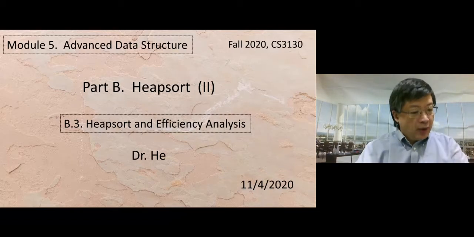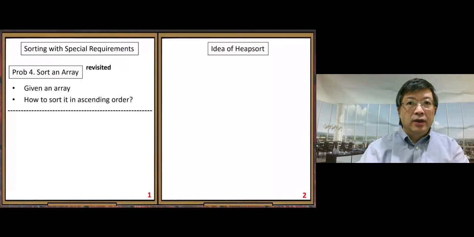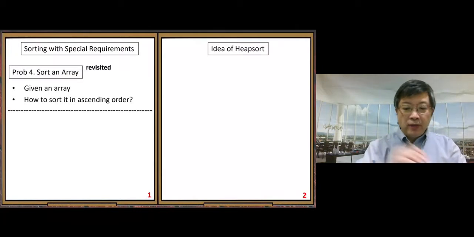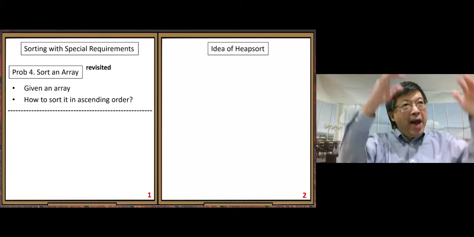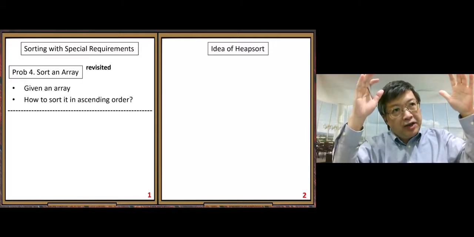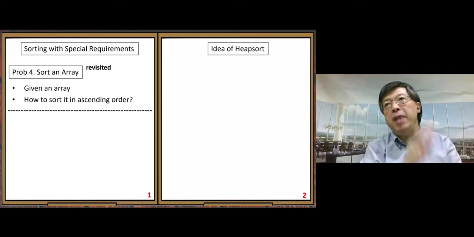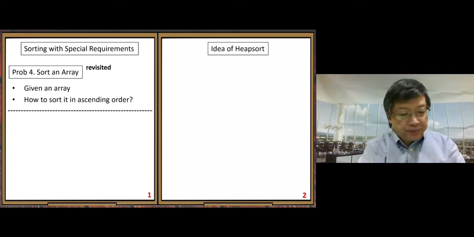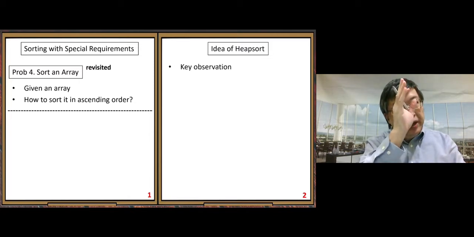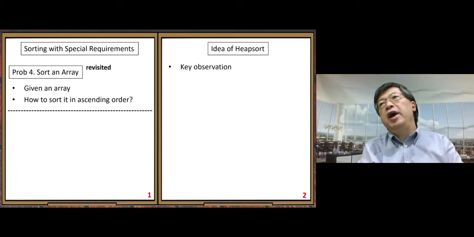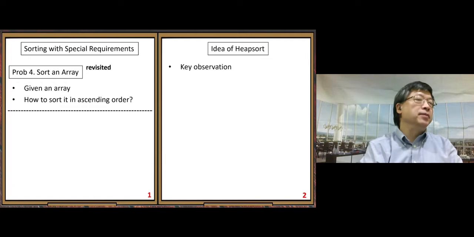All right, first, let's look at the heap sort idea. After we construct the max heap, let us assume we already have that max heap. How do we sort all the elements in this heap?